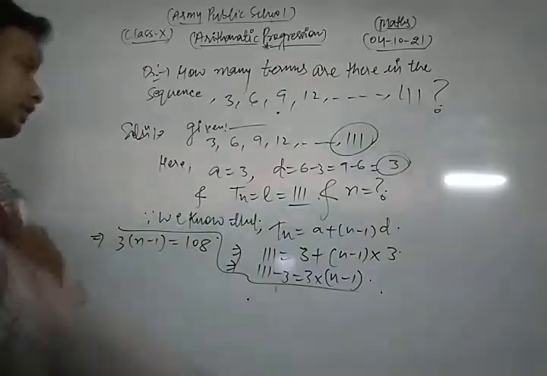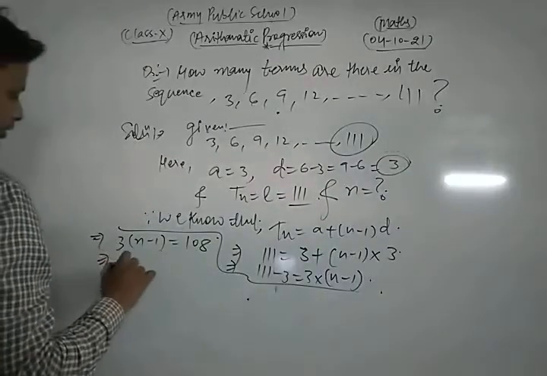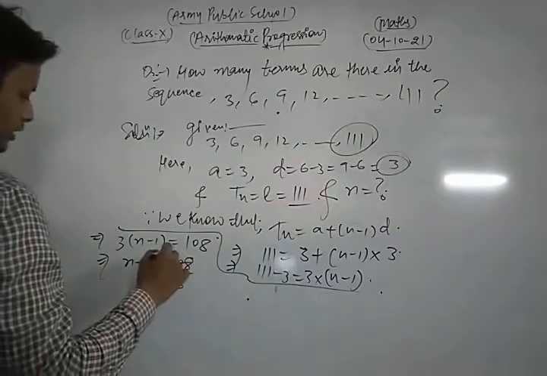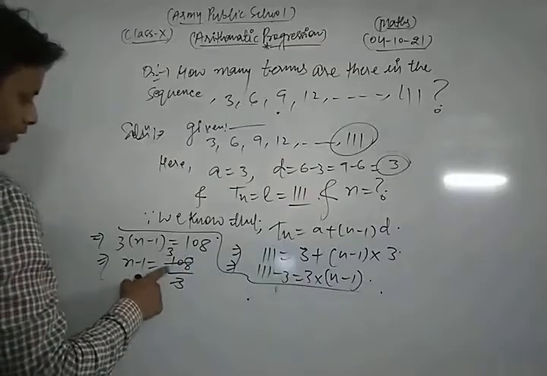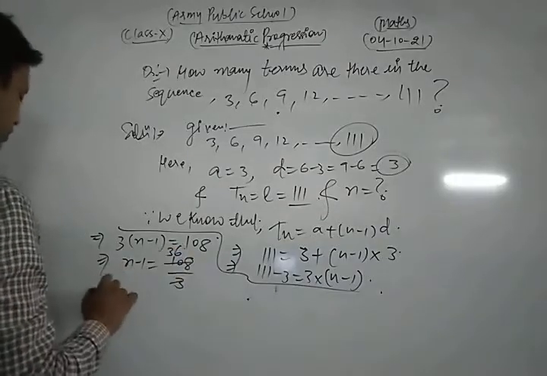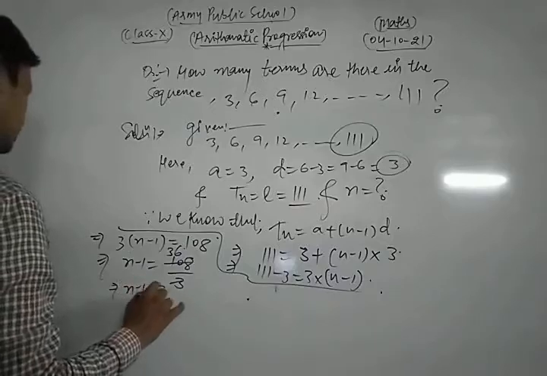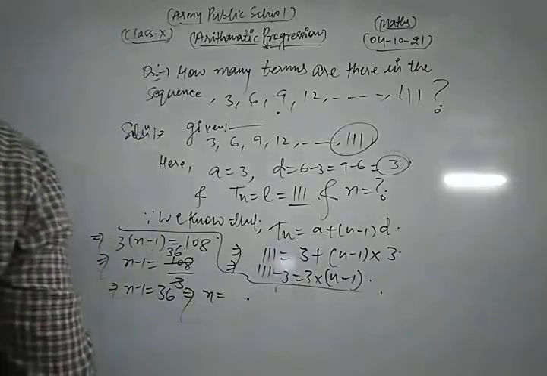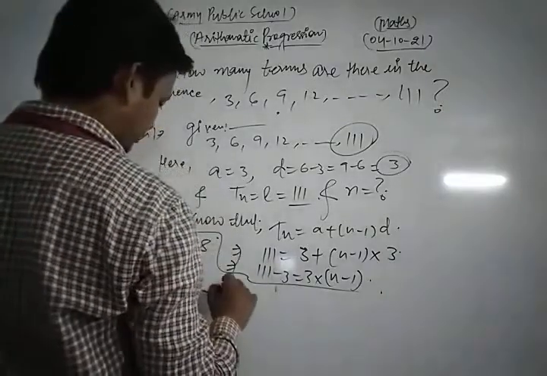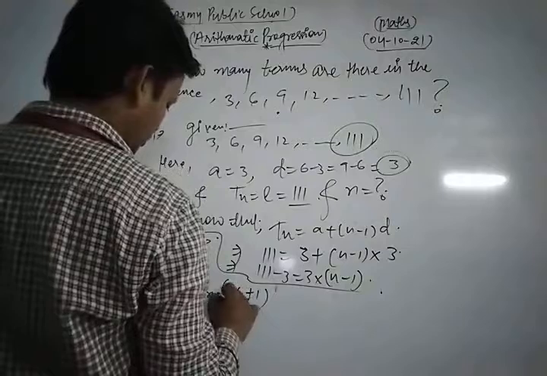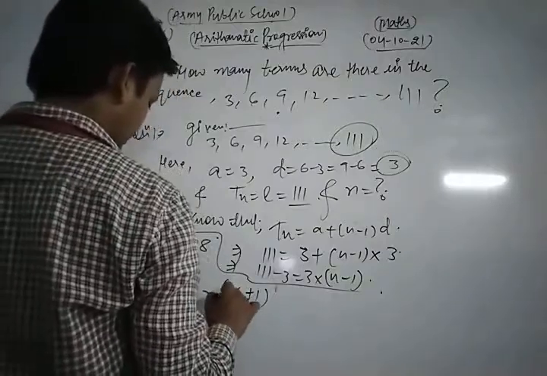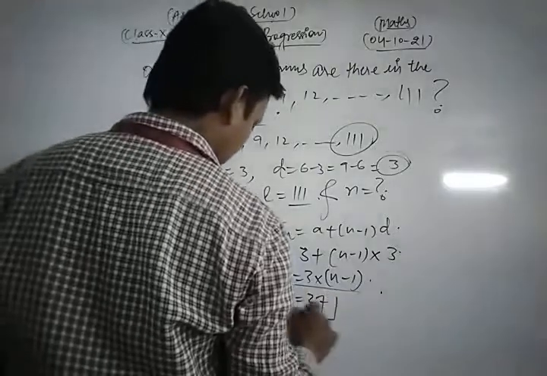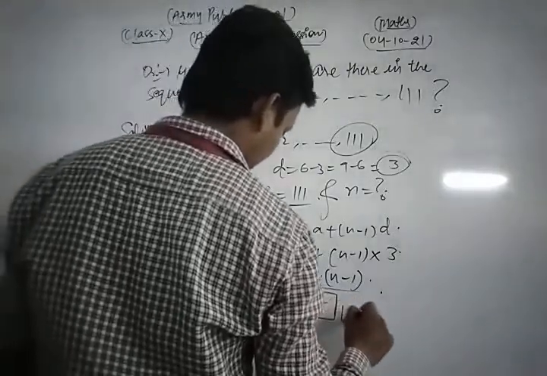Now we have n minus 1 is equal to 108 upon 3. So 3 3s are 9, carry 1, 8 is 18. Now from there we have n minus 1 is equal to 36. Thus the value of n is equal to 36 plus 1, that is 37.